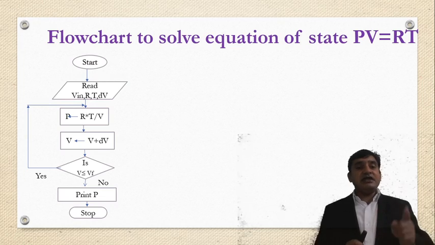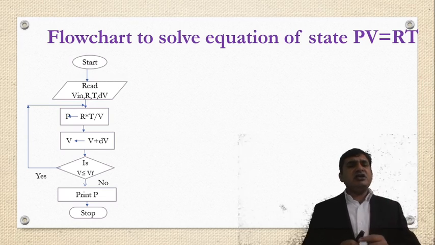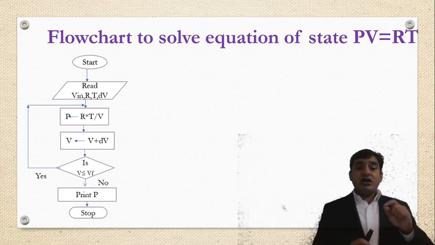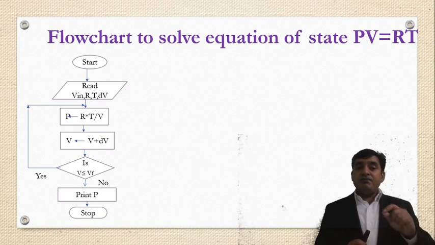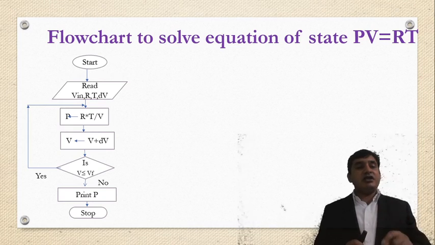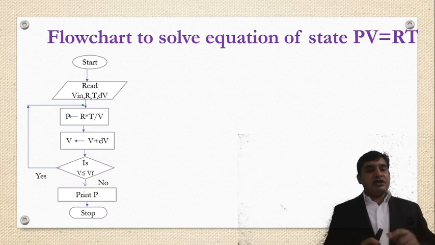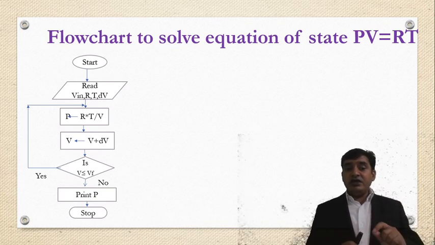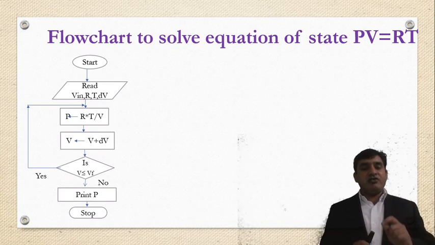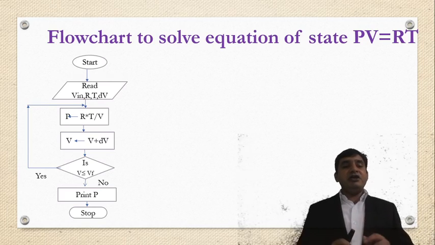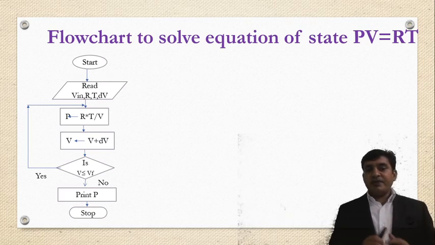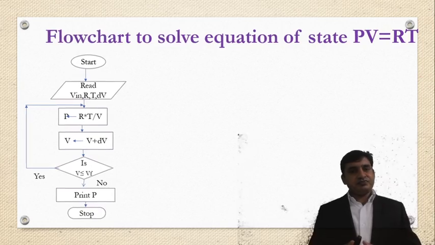If yes, then this process is continuously carried out until V becomes greater than Vf, that is final volume. And when V is greater than final volume, that is Vf, print pressure P, then stop.